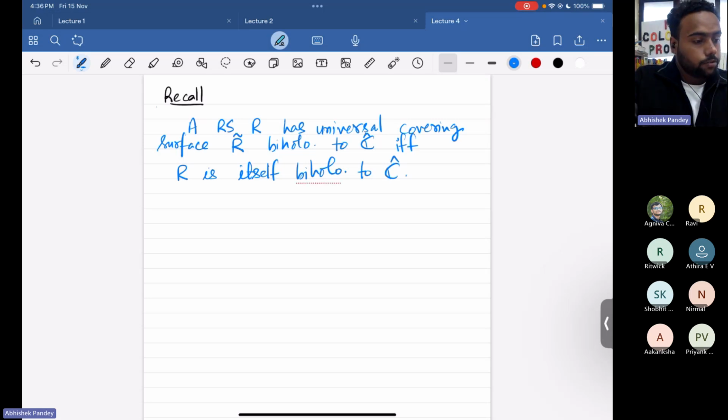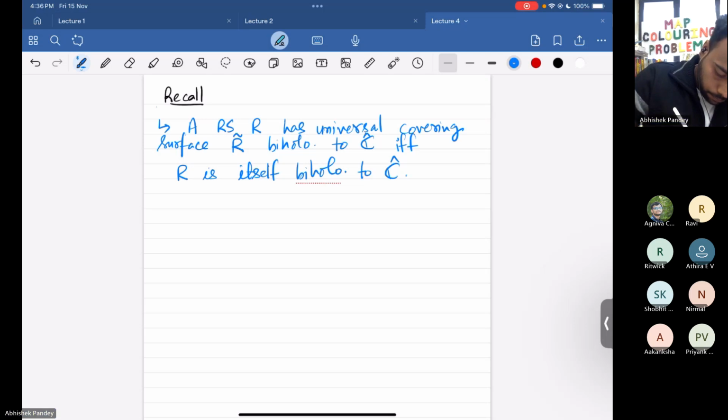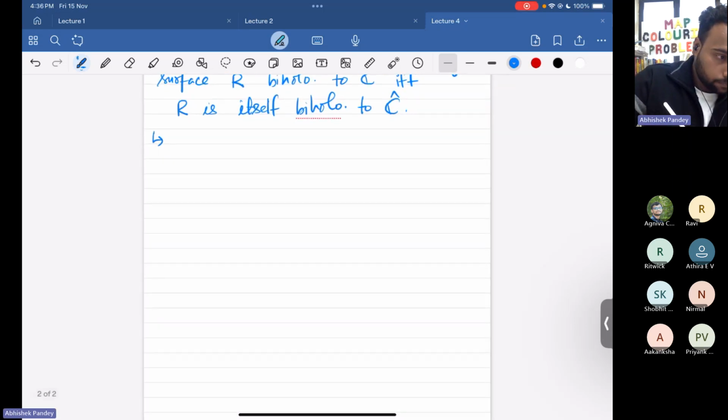And the other thing which we saw is, so these are basically classification of Riemann surfaces in terms of their universal covering spaces.